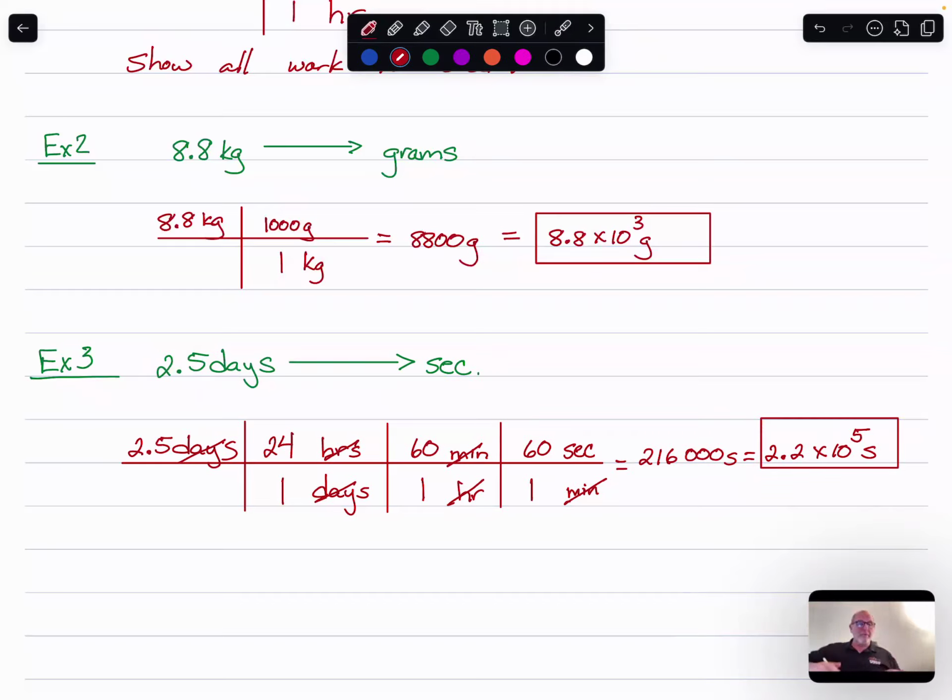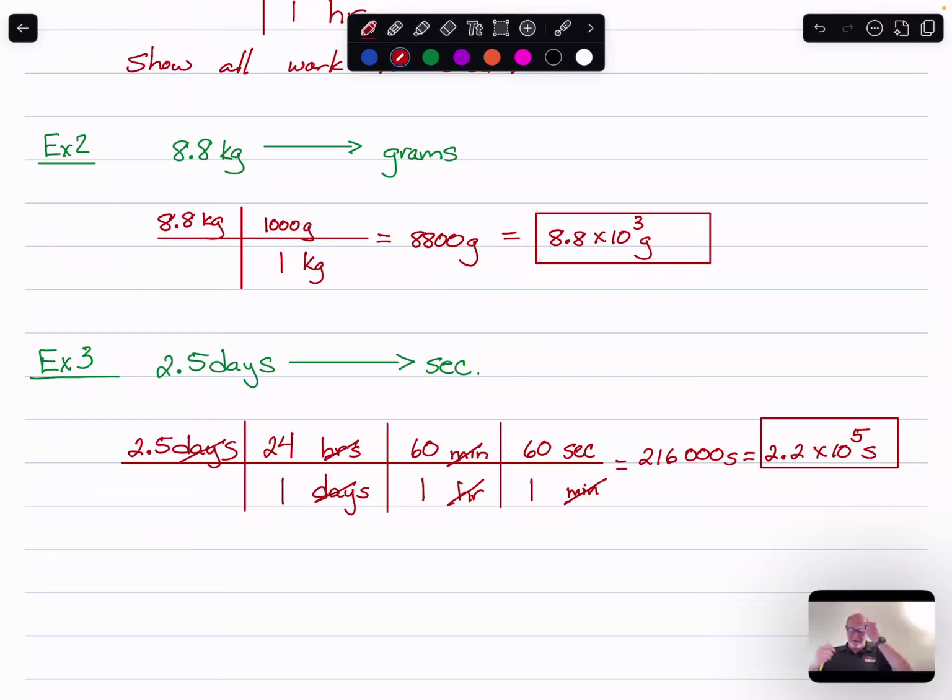We can't represent 216,000. We don't know that level of accuracy. The only level of accuracy we know with 2.5 days is 2 digits. Therefore, our answer can only have 2 digits. That's just the way it works.